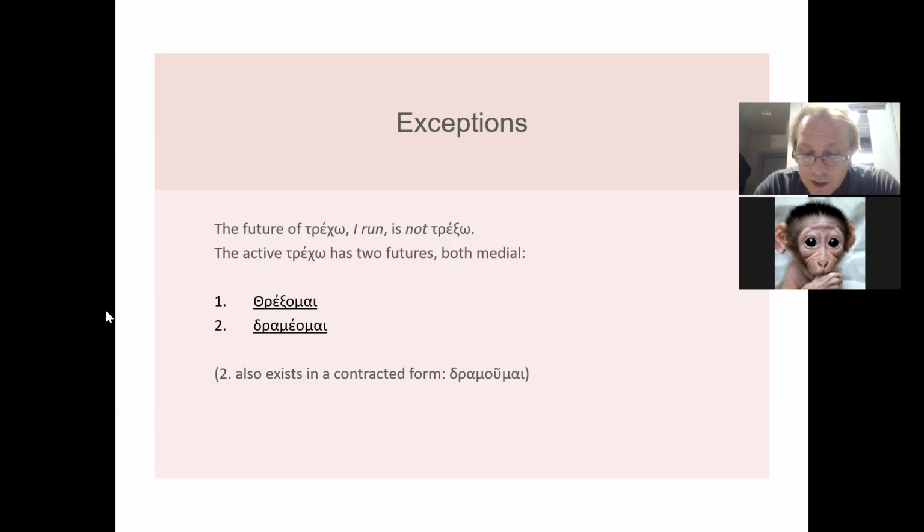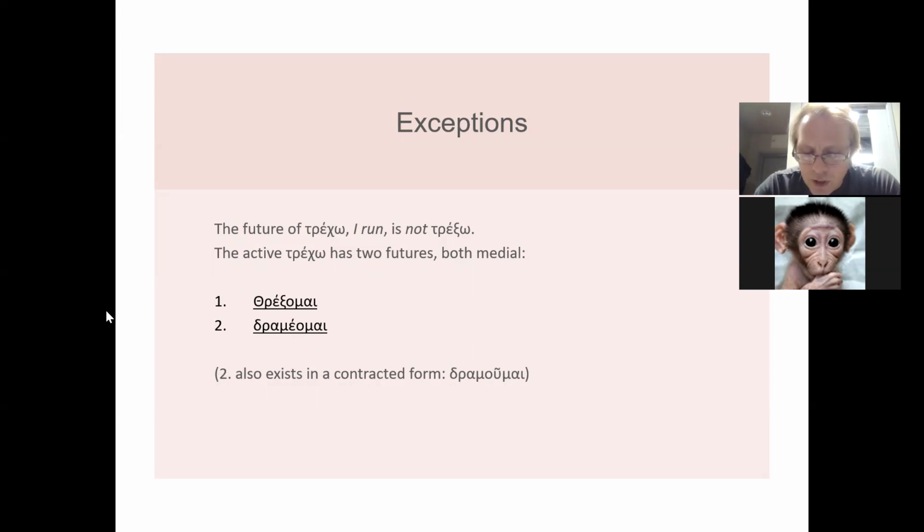However, the regular active future form trexo, which we encounter in modern Greek, does not occur in classical Greek. Instead, we have two variants in the future medial. On the one hand, we have trexomai, which is formed of the same stem as the present. But on the other hand, we also have the medial future form drameomai, where the stem is in fact entirely different than in the present tense.